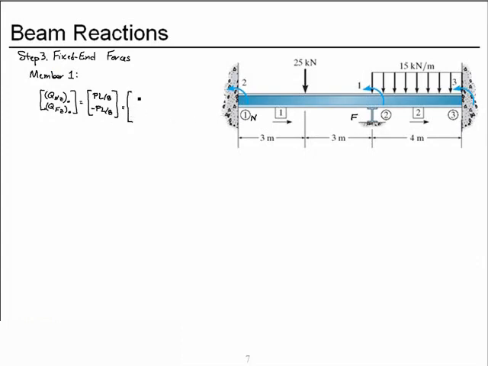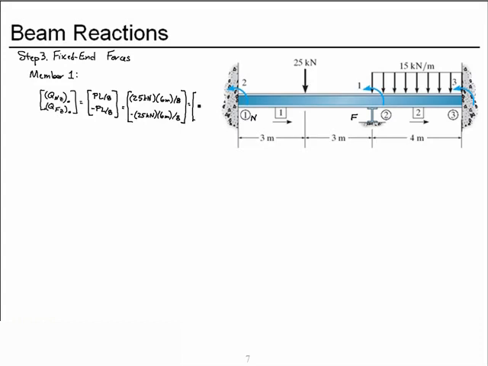And so for member 1 we have 25 kilonewtons times the length 6 meters divided by 8, and we have a negative 25 kilonewtons times 6 meters divided by 8.